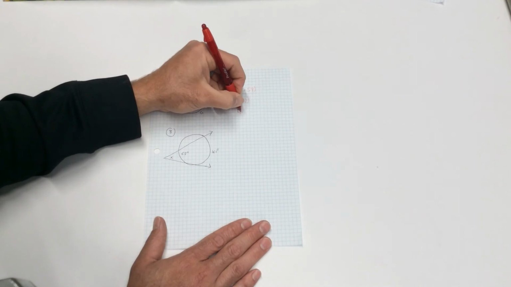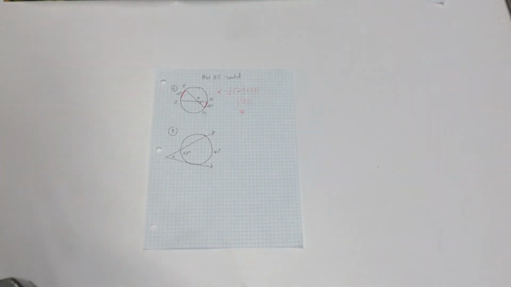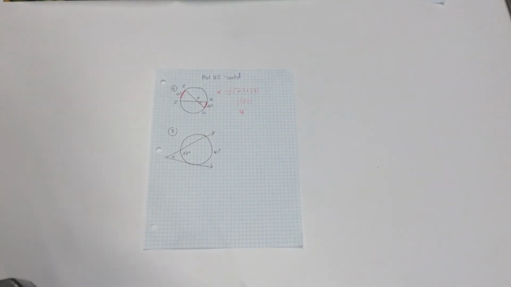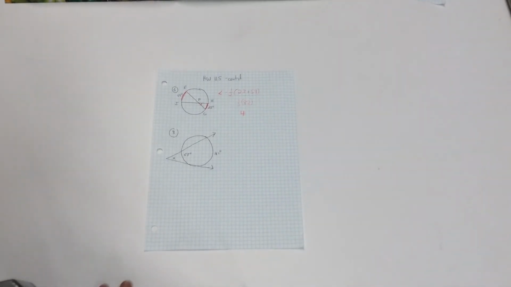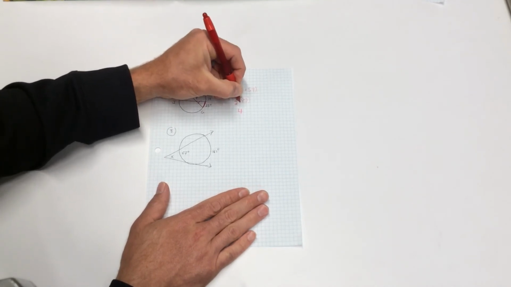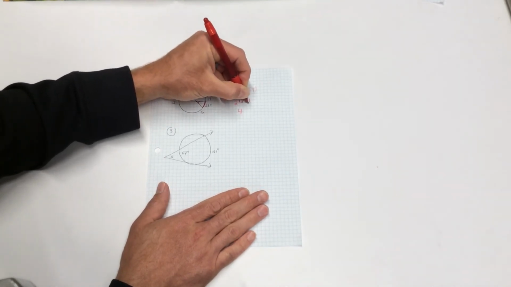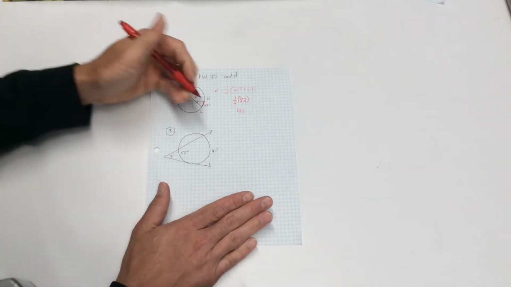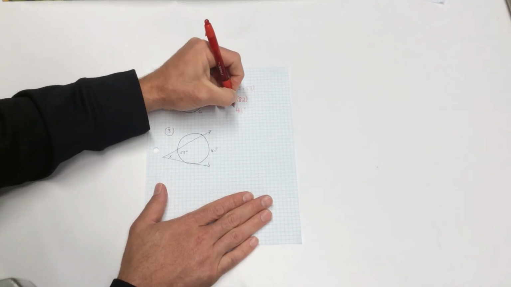Let's go get my other one real quick. Thank you, Red Pen, for your faithful service. Ready for summertime. Okay, so 1/2 times 82 is just 41. So HFG is 41 degrees.